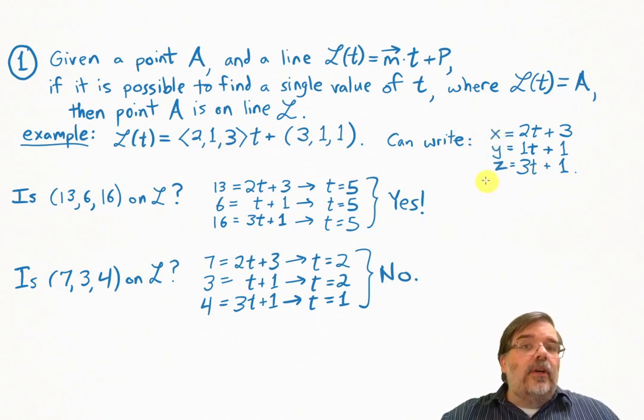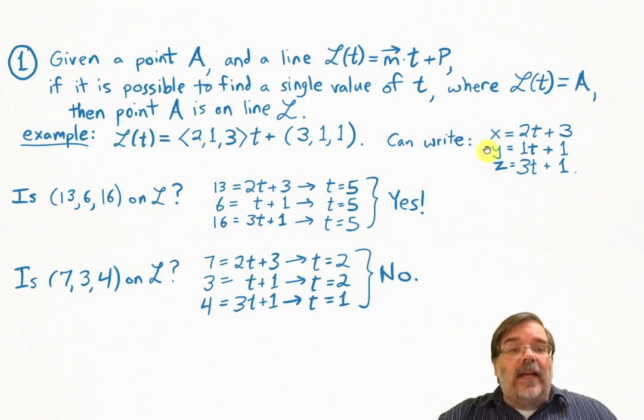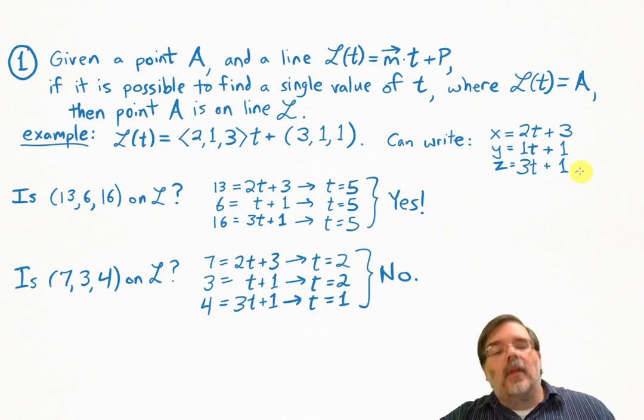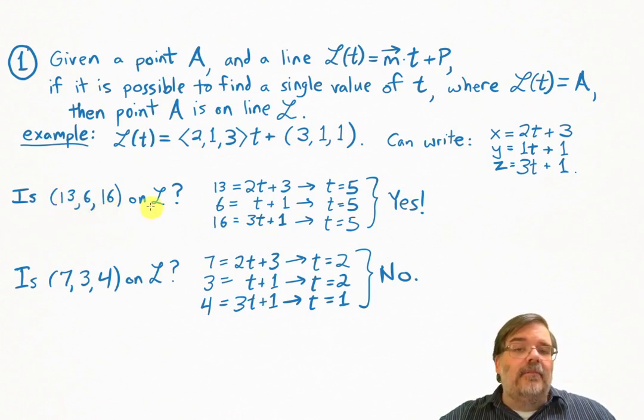And this is really good to answer this kind of question, because if you're given a point A, then you're given some values for x, y, and z. You can plug those in and then see if you can get a consistent value for t. For example, using this equation of a line, is this point 13, 6, 16 on the line?